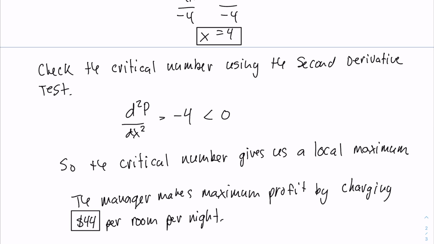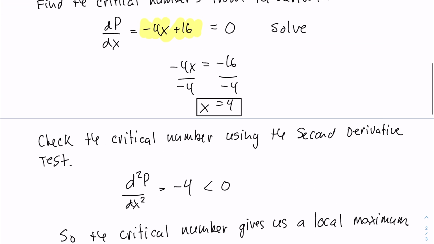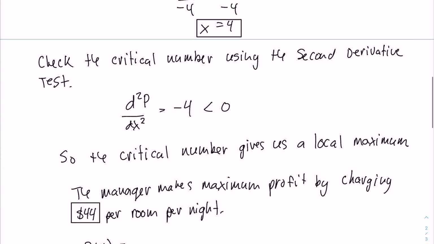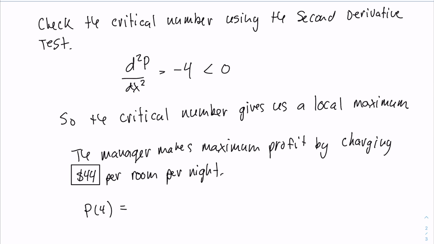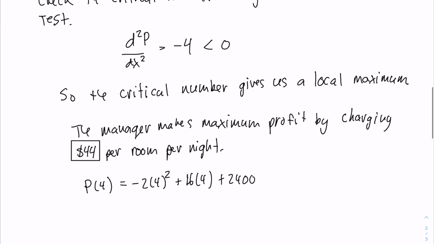Then you might say, well, how much is it going to make? So what we would do is just plug the 4 back into our profit function. What was my profit function? Negative 2 times 4 squared, plus, I think it was 16X, so that's 16 times 4, plus 2,400. Let's just make sure. Yeah.